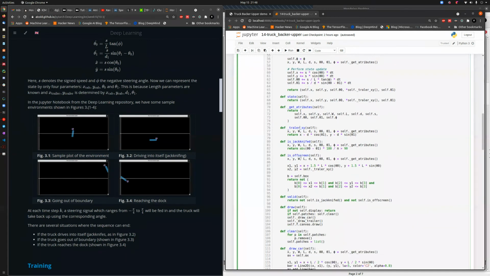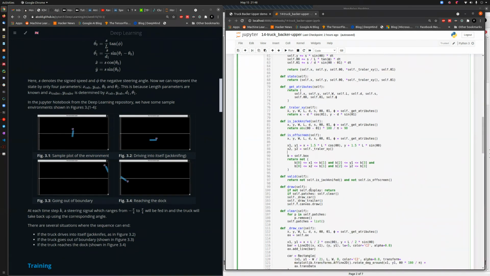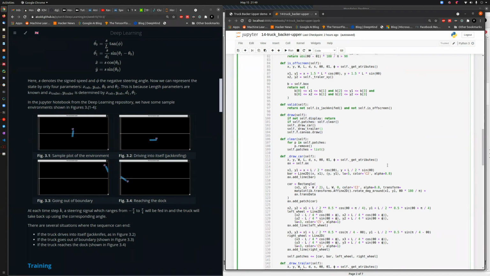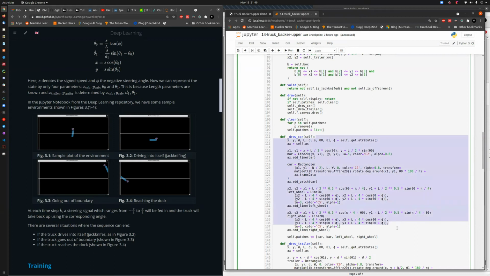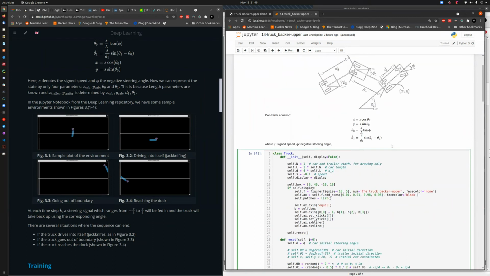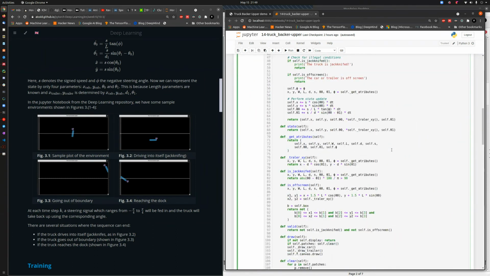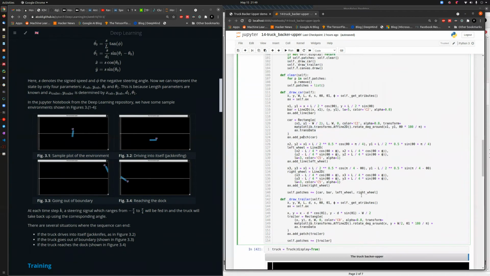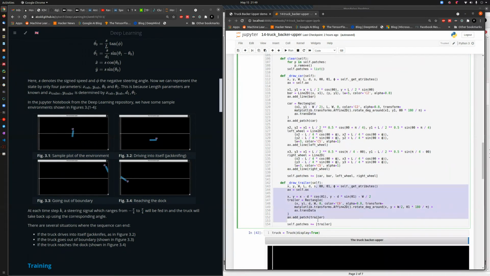These are the various methods: if off screen, valid, draw, clear. This is with respect to drawing those patches here. They have used this library, I think, Matplotlib Line2D to draw this and fill a rectangle with this guy here. And these are the trailers which they have drawn.